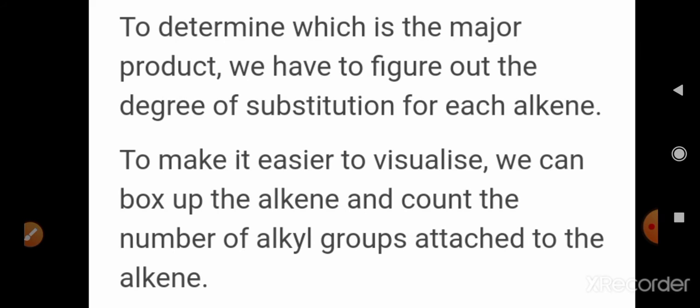Therefore, in one elimination, we remove halogen from alpha and hydrogen from beta 1, and in the other elimination we remove halogen from alpha and hydrogen from beta 2 carbon. Two products are obtained, out of which one will be major and one will be minor.